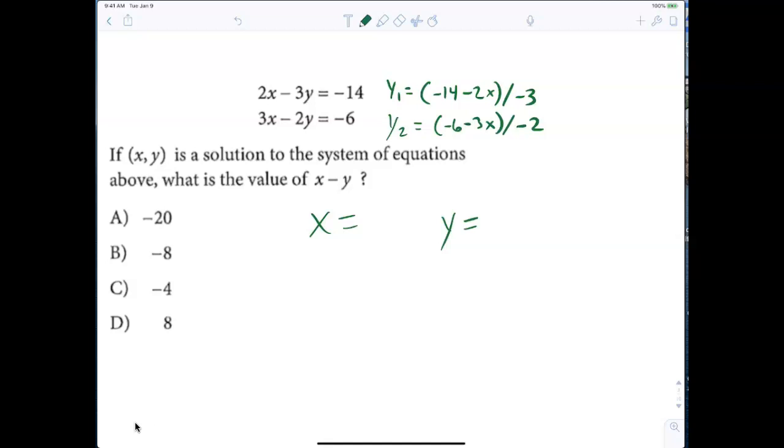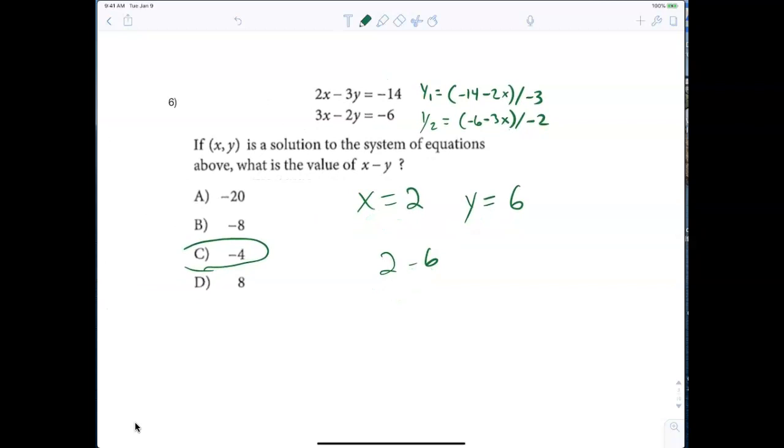Syntax error means you put a negative or you put a minus instead of a negative. So what's x equal? What's y equal? So what's my answer? Yes, because we're doing 2 minus 6. Thank you very much. All right, that's a good little review. So everybody take a look at number 6. Second calc intersection.